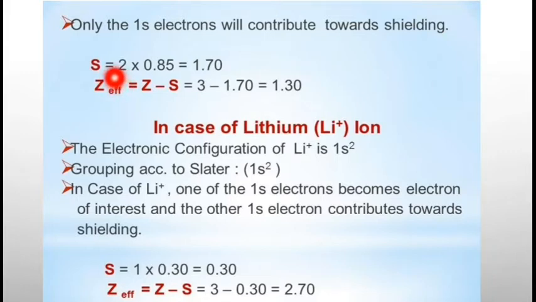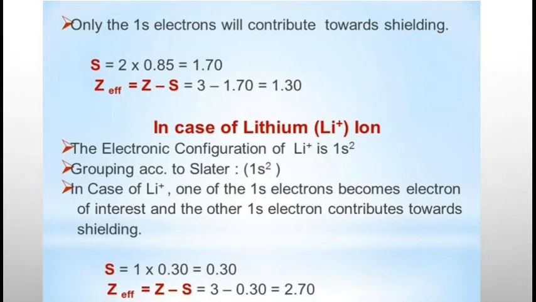The n-1 shell is the first shell, it contains 2 electrons and each contributes 0.85, therefore 1.70. So the effective nuclear charge is Z minus S, where Z is the atomic number. So here 3 minus 1.70, the answer is 1.30 for the atomic state of lithium.